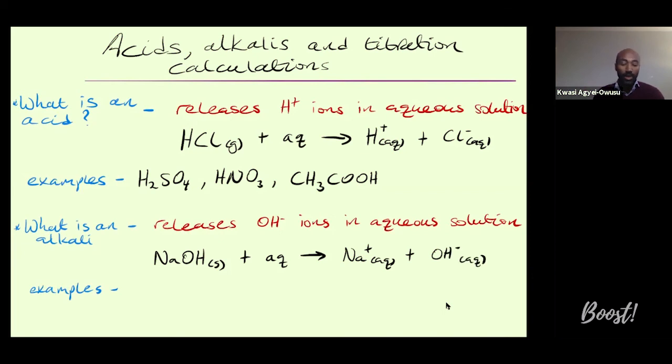Along with sodium hydroxide, other alkalis that you will come across at AS include potassium hydroxide, KOH, and you will also come across ammonia, which is an alkali.